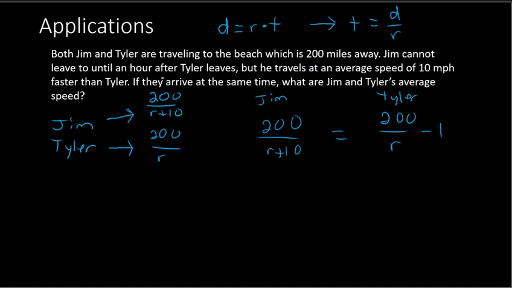Jim leaves an hour after Tyler, so Tyler's traveling for a longer period of time. So let's say Tyler travels for 5 hours, Jim travels for 4 hours. That would be a true statement, right? That would work in theory, because Jim is traveling an hour less than Tyler. And the way to make this equal would be by subtracting 1 from Tyler's time.